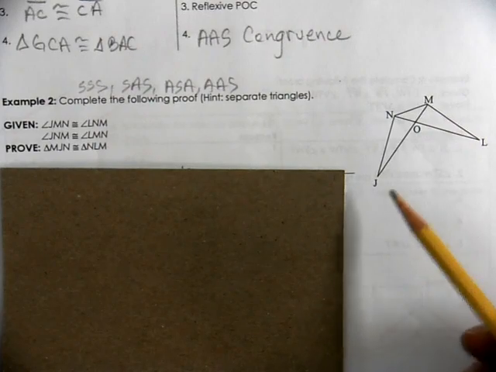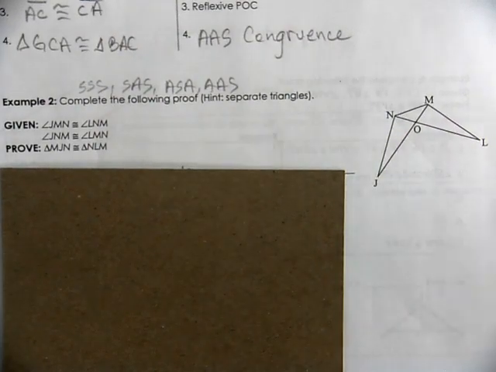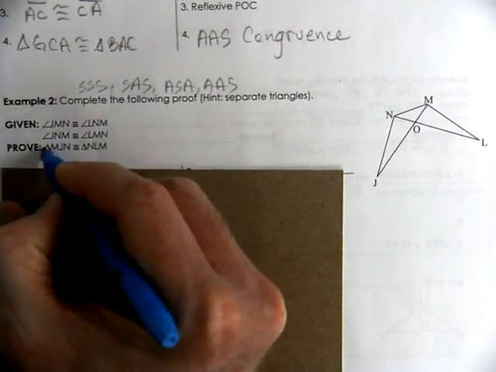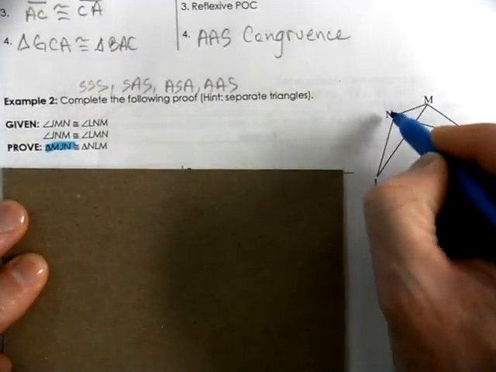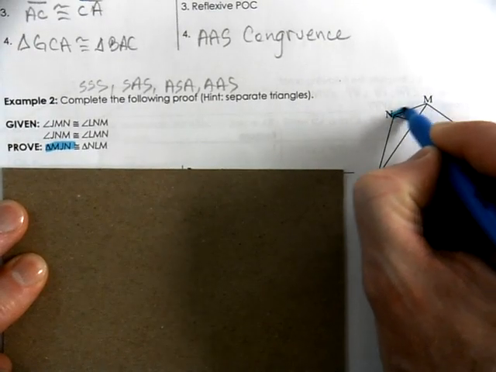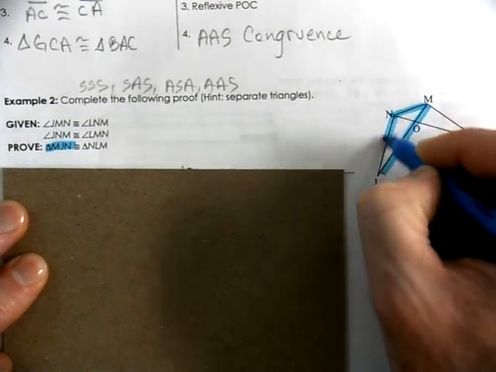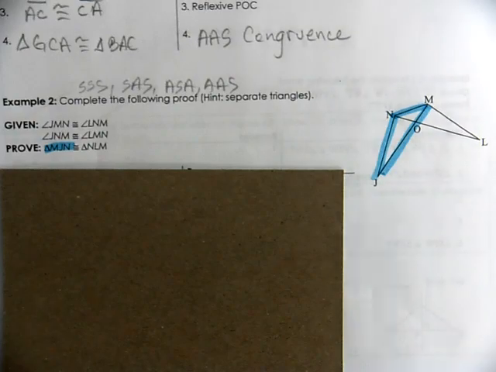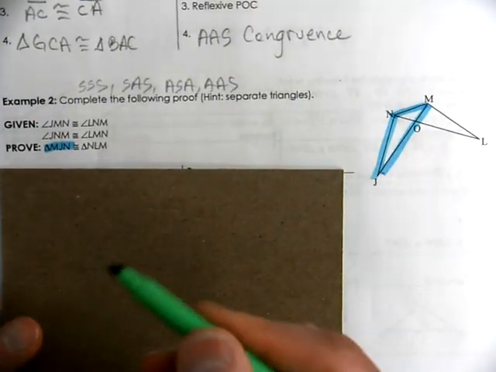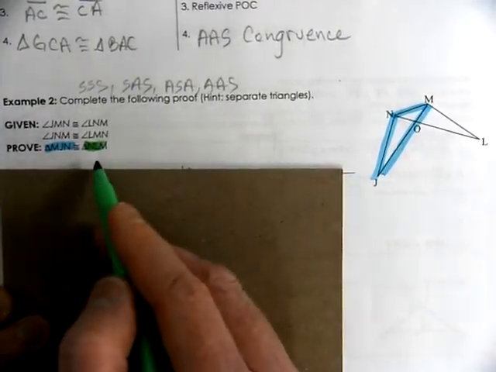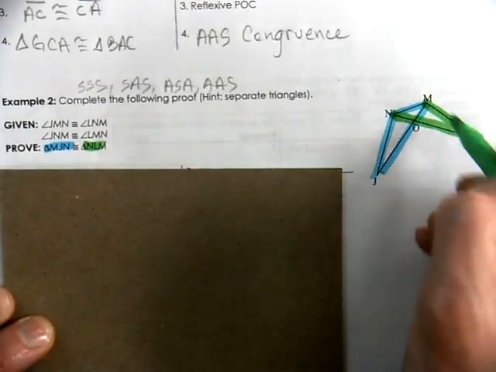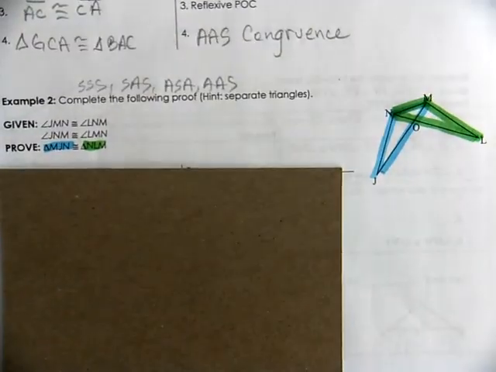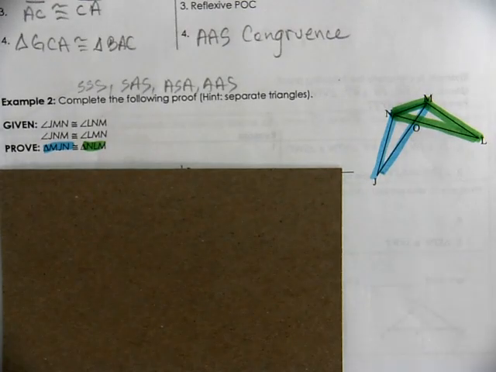Okay, let's take a look. Now, one confusing part here, if you take a look at triangle MJN, and we look at triangle NLM, those triangles are overlapping.